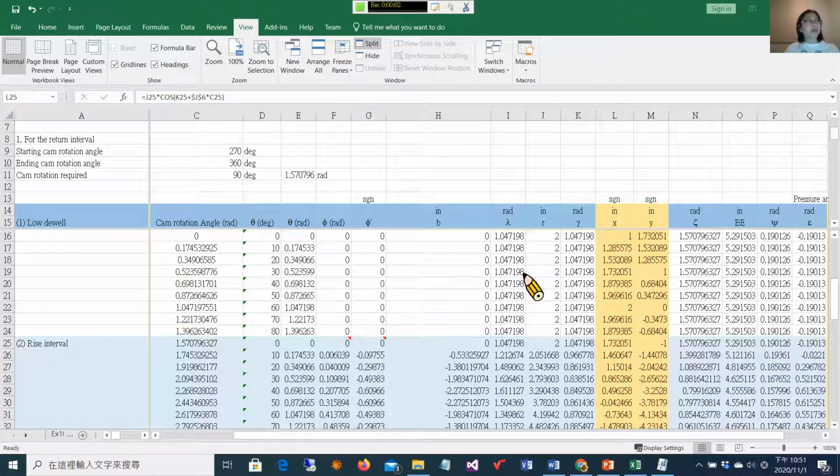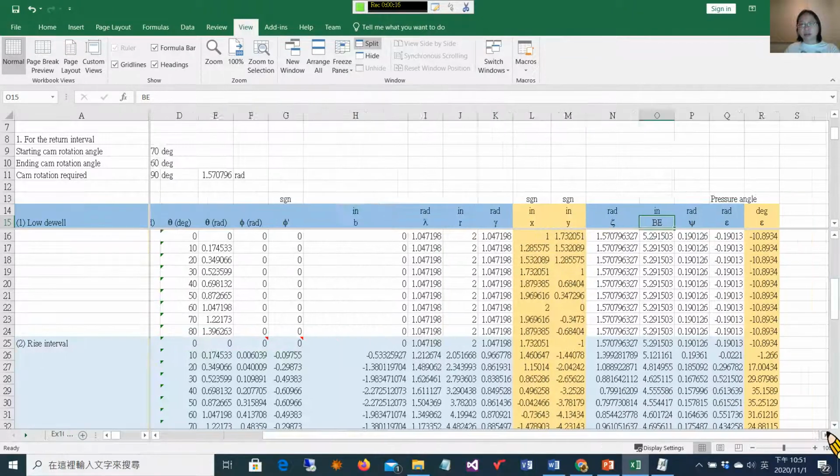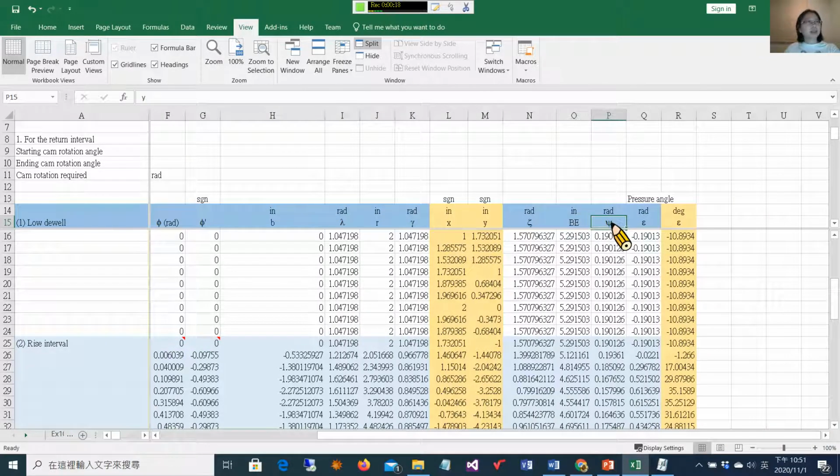According to the formulas for the pressure angle listed in table 10.11 of the textbook, we can get zeta, BE, sine, and epsilon. Here, epsilon is the pressure angle.